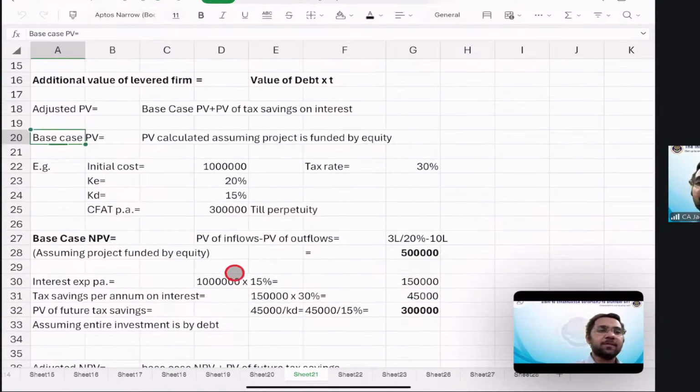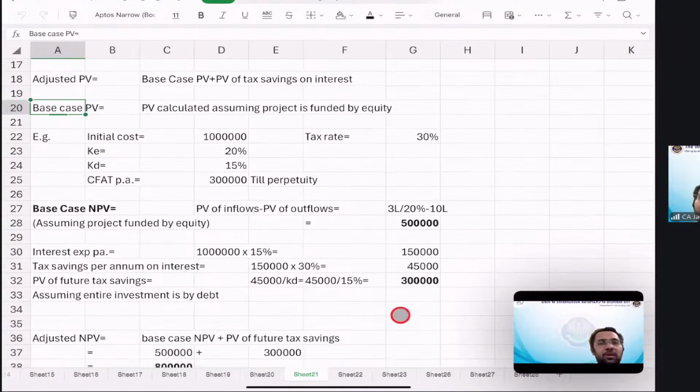Interest expense per annum, if you're going to fund this by way of debt, is 10 lakh into 15%, which is 1,50,000. So tax saving that we have is 45,000, and present value of tax savings is 45,000 divided by 15%, which is 3 lakh.